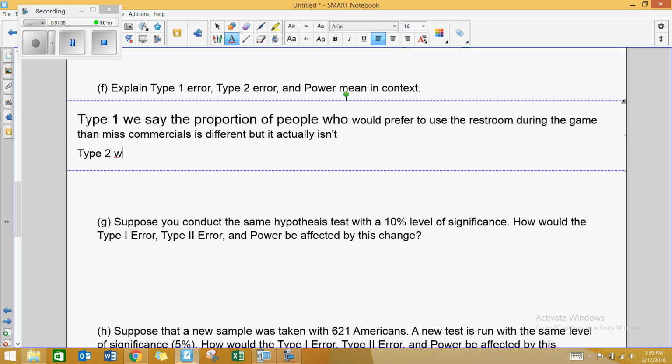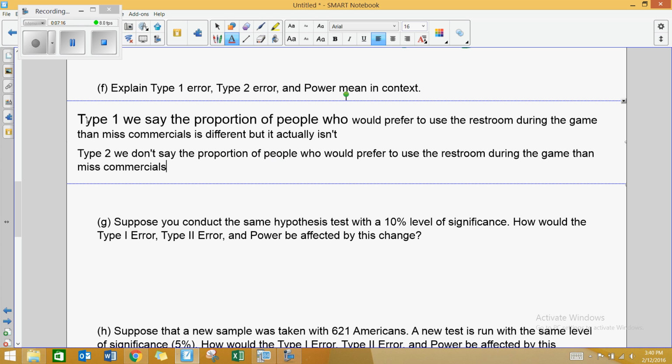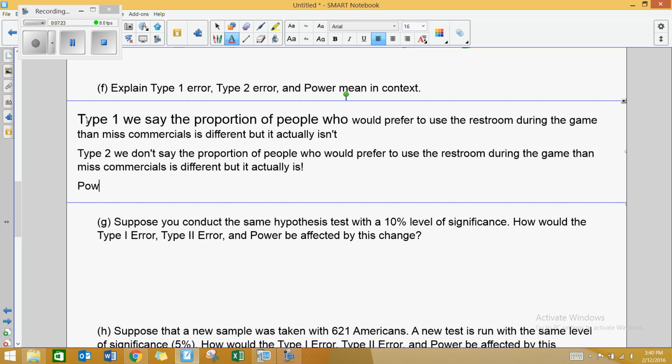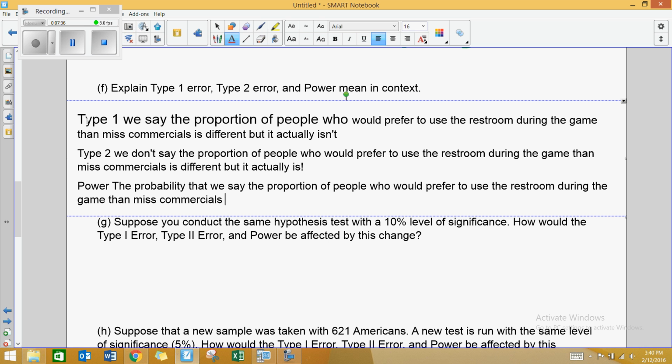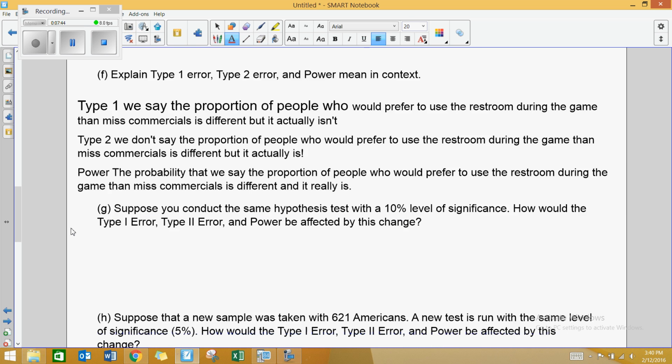Type 2 says we don't say the proportion of people is different, but it actually is. And power is the probability that we say the proportion is different, and it really is. So that's, we reject the null, and that was the correct decision. So we reject when we're supposed to reject.